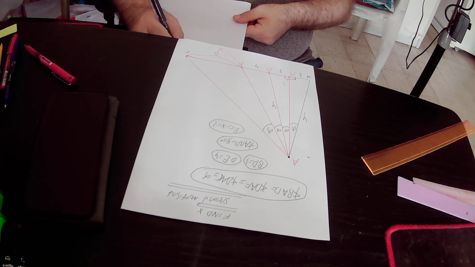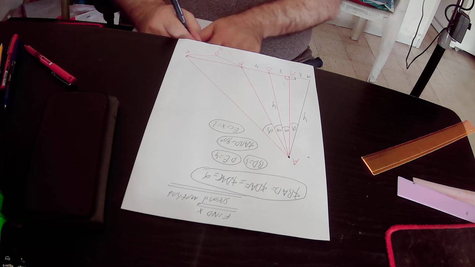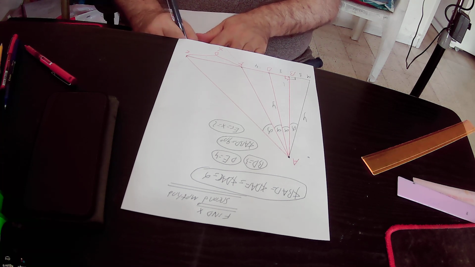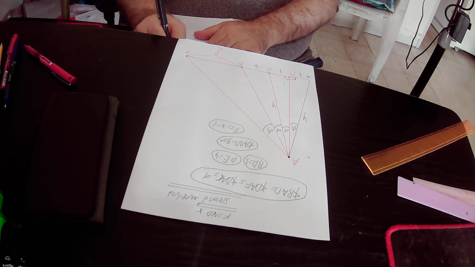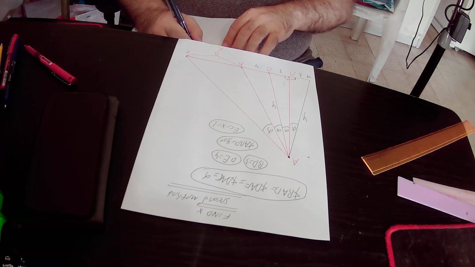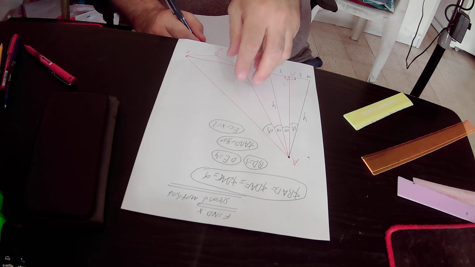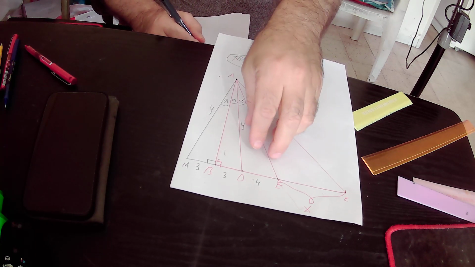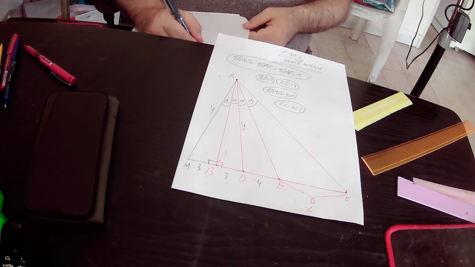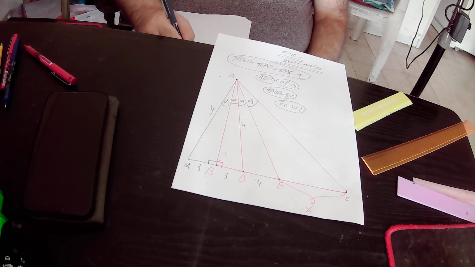So in triangle ADC, we know that AE is angle bisector.